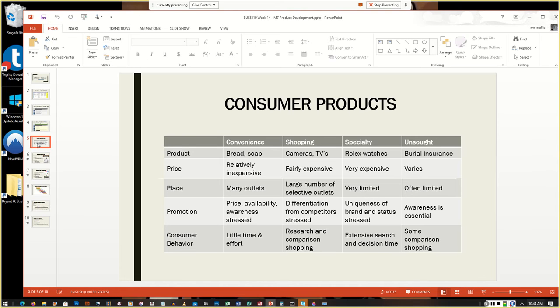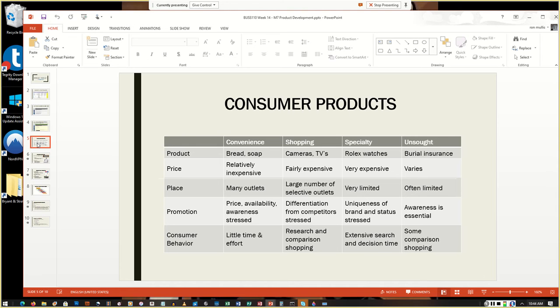For someone who's extremely wealthy, a luxury car may be a shopping product. Again, it's expensive to most people, but not really expensive to them, and it takes a little bit more of a thought process to actually buy it. So that luxury car can be a shopping product and not be a specialty product.